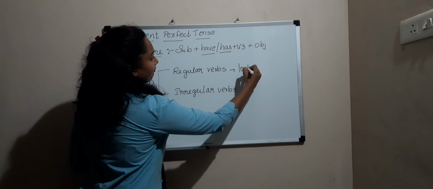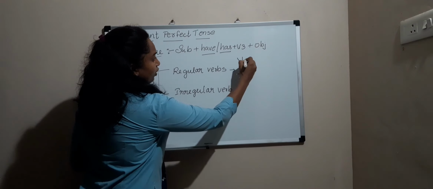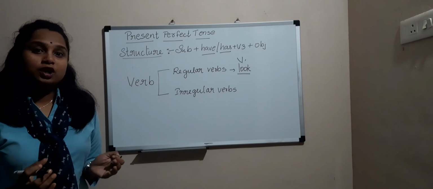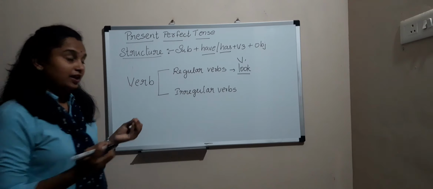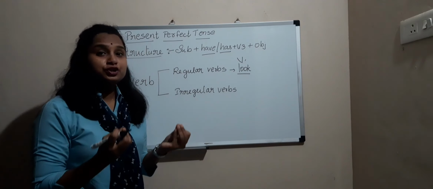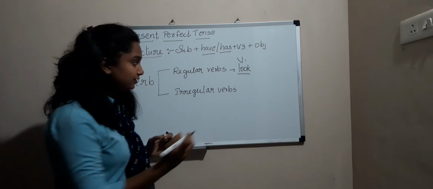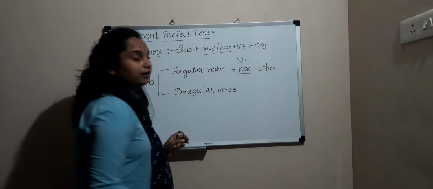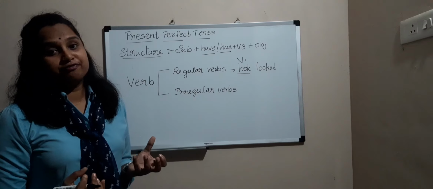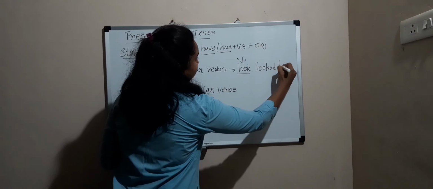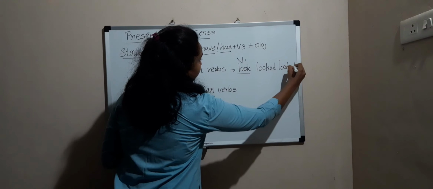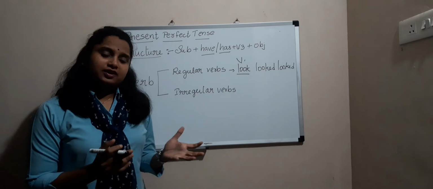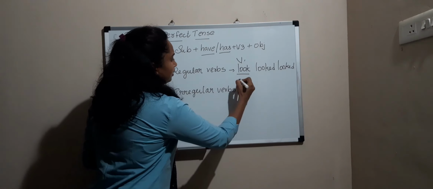Regular verbs are, for example, look. This is V1, verb first form. And what is the V2 form for look? Looked. Verb third form, looked. Let's take another example. Cook.